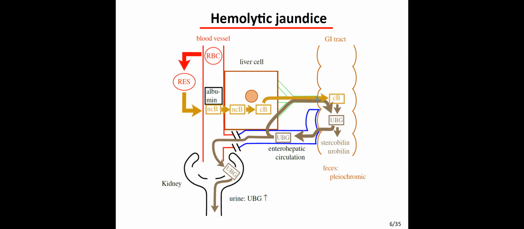We have carrier proteins, haptoglobin and hemopexin. These two proteins bind hemoglobin: haptoglobin binds to hemoglobin, and heme is bound to hemopexin. Now what will happen after they are bound to these proteins? The reticuloendothelial system takes them up.